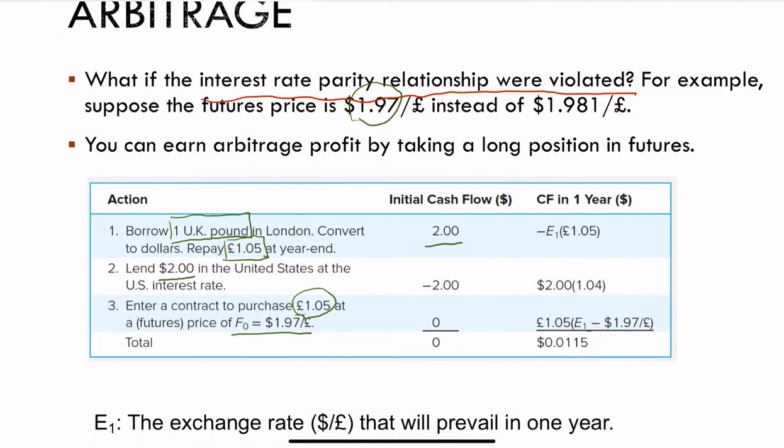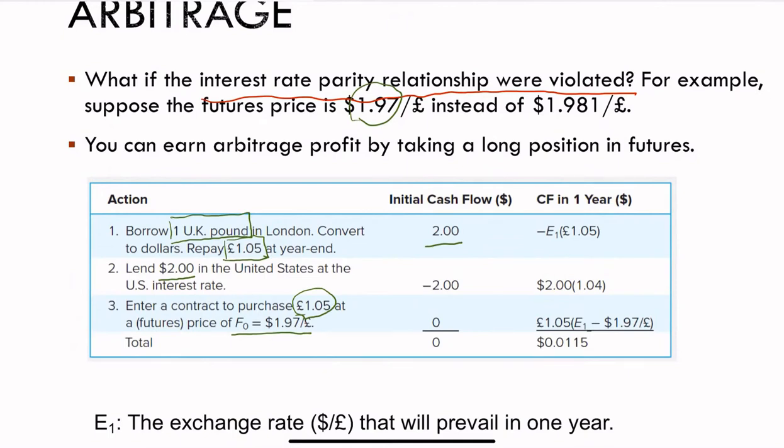And we know that if you want to hedge against a short position, you should take a long position in the futures contract, right? I mean, the general result on this hedging is if you have a long position in this commodity and you're a seller, then you should take a short position in the futures. And if you're a buyer, or if you have a short position in this commodity and you will buy this commodity in the future, then you should take a long position in the futures contract.